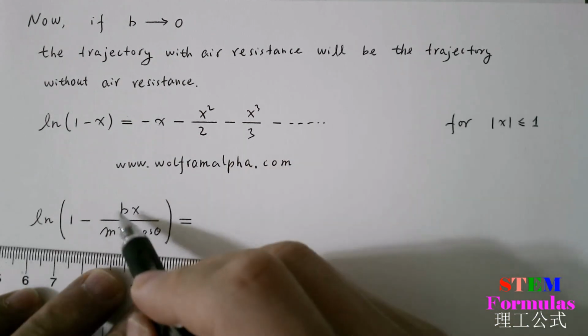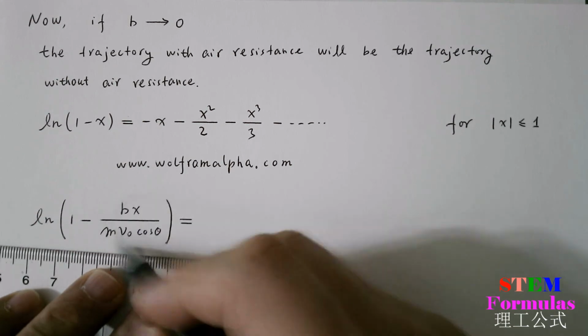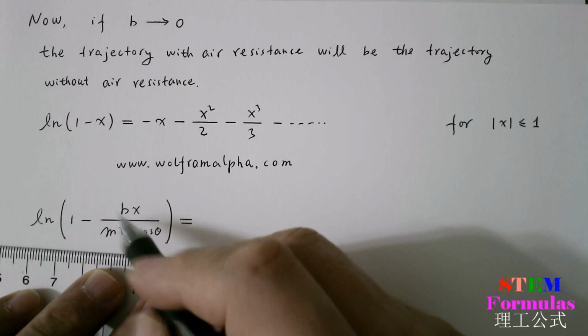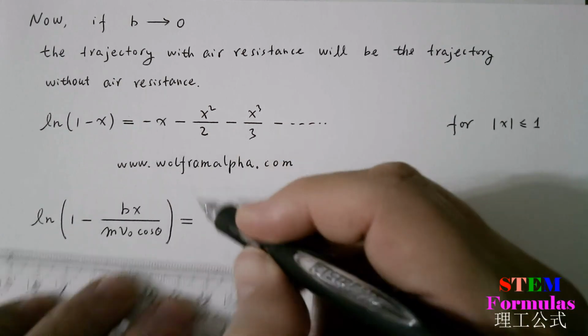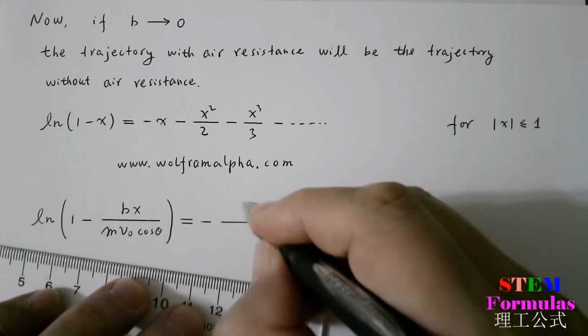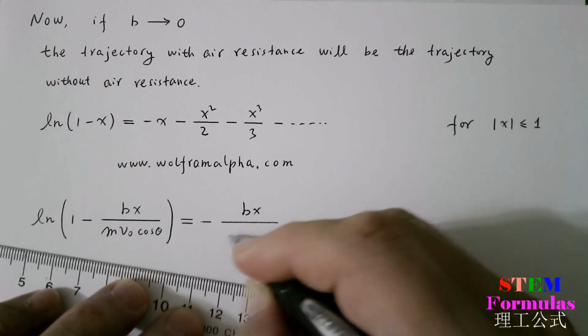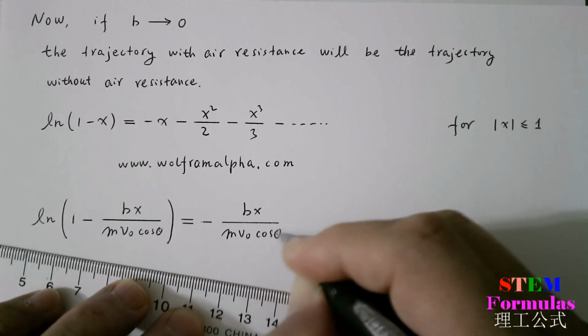When b is small, this whole term is small. So we keep two terms in this expression. So we have here minus b x divided by m v0 cosine theta.